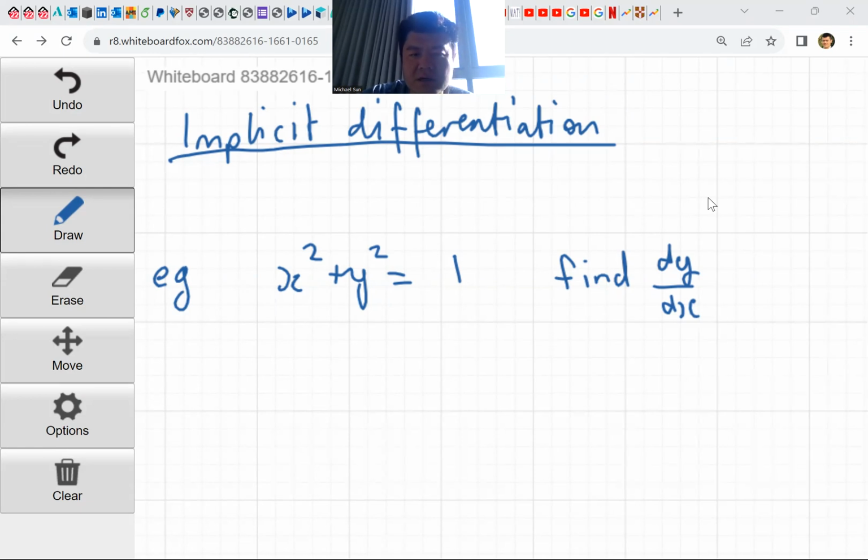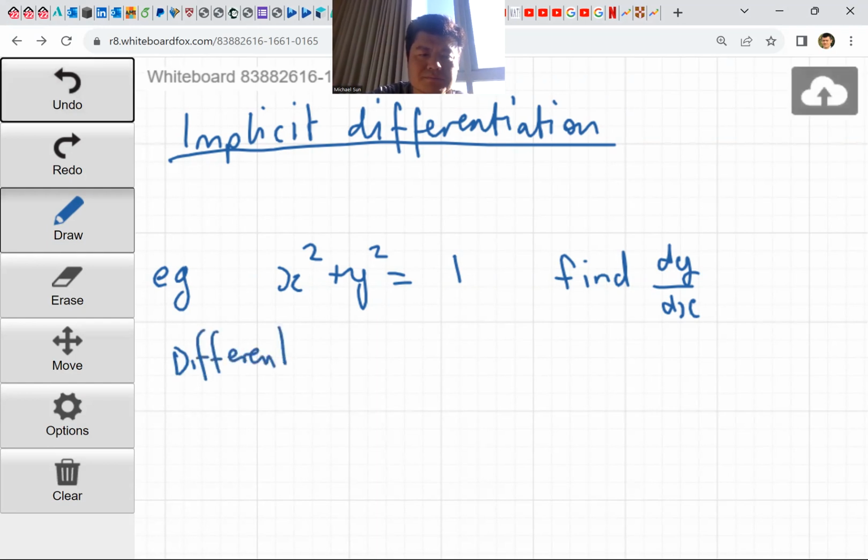Okay. So what is implicit differentiation? It's when you're given an equation like this, so I'll do it through this example. You're asked to find the derivative dy/dx. And what you're told to do is to differentiate both sides.